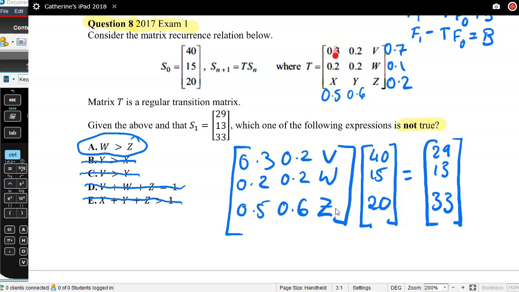So never forget these ideas that the columns add up to 1, and our matrix multiplication. This is why we went through how you do the multiplication. Even though we do a lot of it on our CAS, you need to know how it works.